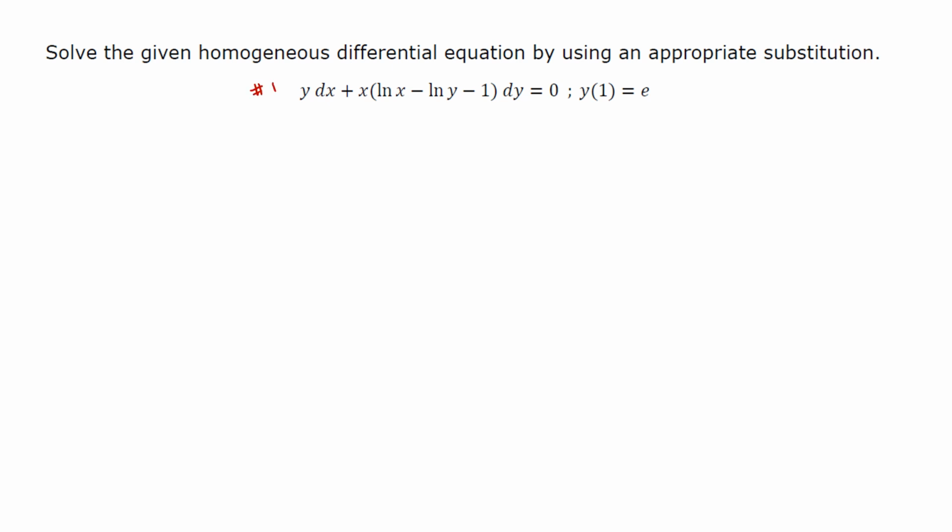All right, step number 2. We are going to use substitution and rewrite dy dx using v and x. So let's use our other substitution equation where x equals v times y.